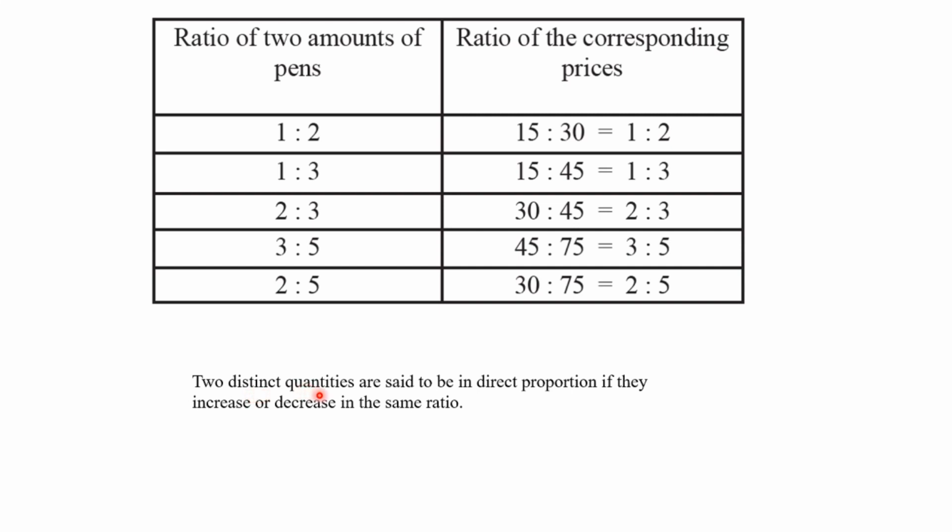Two distinct quantities are said to be in direct proportion if they increase or decrease in the same ratio. So the increase or decrease should be in the same ratio.